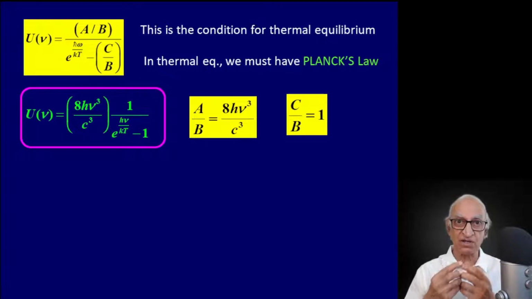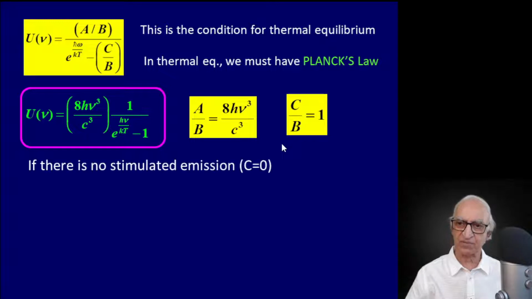Therefore, in order for Planck's law to obtain, not only must you have these three coefficients, but these coefficients must be related to one another according to these two relations. Now, if there is no stimulated emission, this new idea, if it wasn't there, then C is equal to 0.